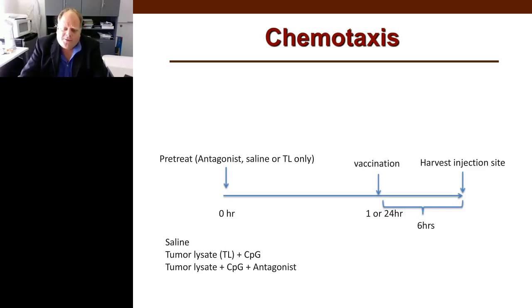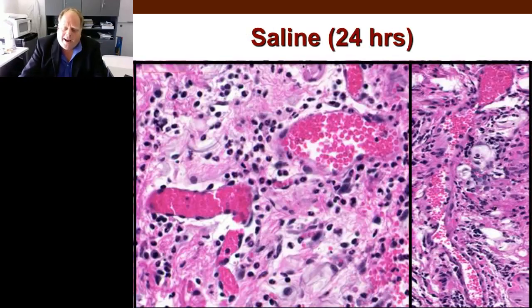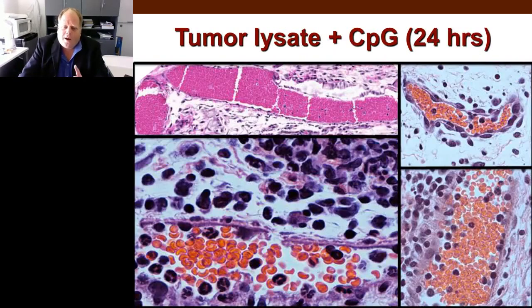This actually is why we think that in the beginning, when I told you we have to use the peptide an hour early, this is why. What we saw here in saline is that if we looked in the capillaries and arteries, you virtually see just red blood cells. You don't see many lymphocytes. However, 1 hour or 24 hours later, you start seeing some infiltration of lymphocytes.